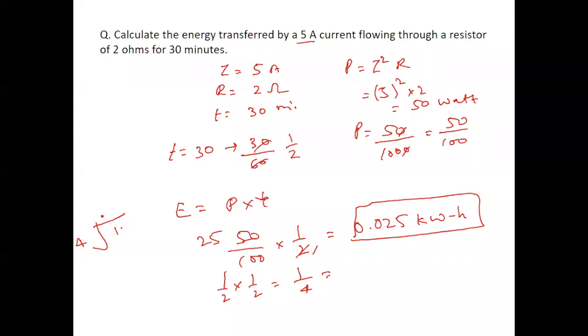Then point, 2 and then 5, or 1/4 means 0.25.